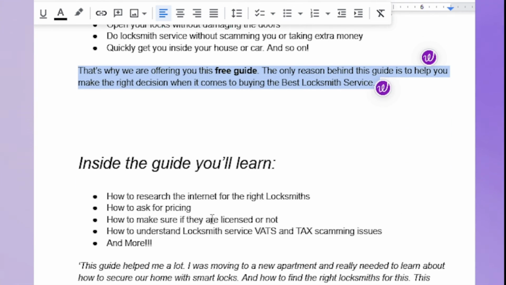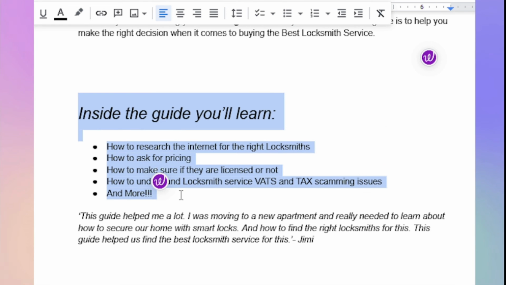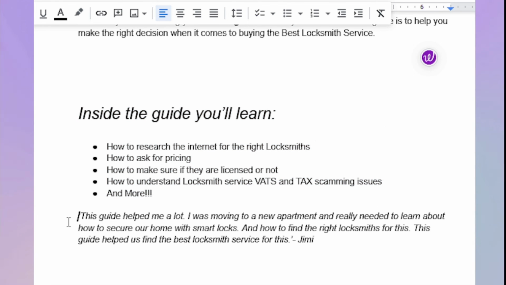Up next is D. D stands for desire. We talked about what they are getting inside the guide and the solution to their pains right here. This was the second part of the body copy. And after that, we used C. C stands for conviction.